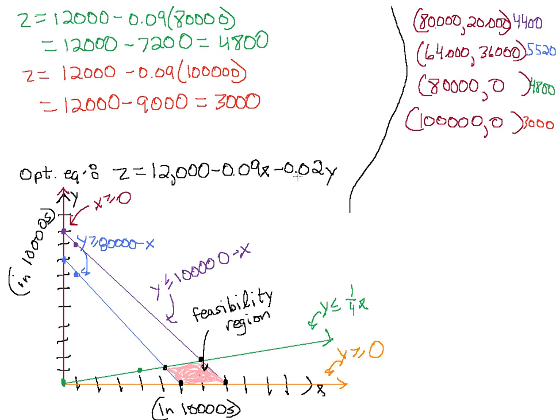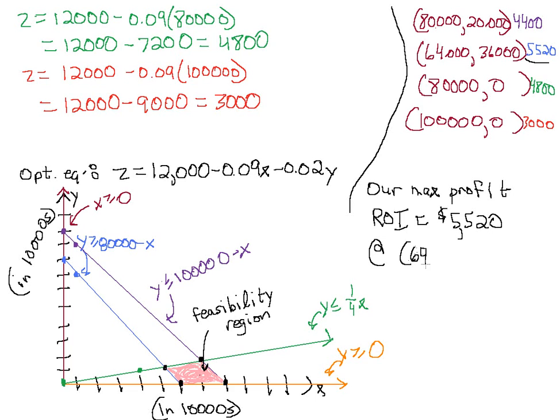Okay, so we've plugged in all 4 points into our optimization equation, and we can conclude that our max profit, or our ROI, our return on investment, is going to equal this right here, $5,520, and it occurs at the point 64,000 and 36,000.